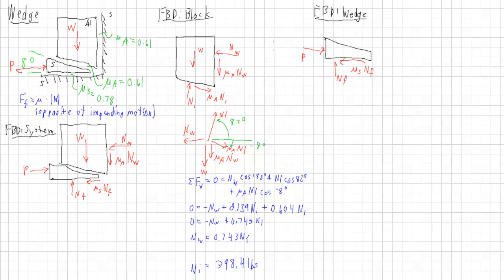And now we're switching free body diagrams from the block to the wedge, and these are internal forces, so we switch directions. So we've got Ni coming downward, so it's going to be 8 degrees plus 180 degrees. And the frictional force, mu A Ni, right there.